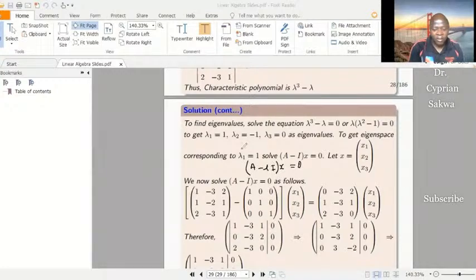If I'm getting this for lambda equal to 1, I already know that lambda is 1. So the only unknown here is x, the one I want to find. So this is A minus lambda I, but lambda in this case is 1, multiplied by x. So when we do this first bracket, this is what we get, multiplied by this x.